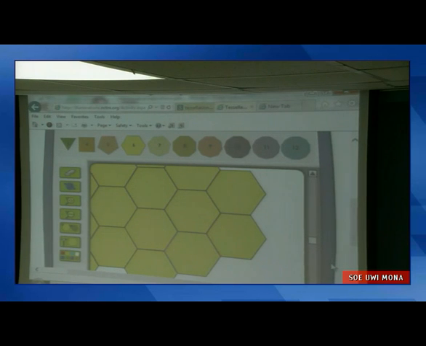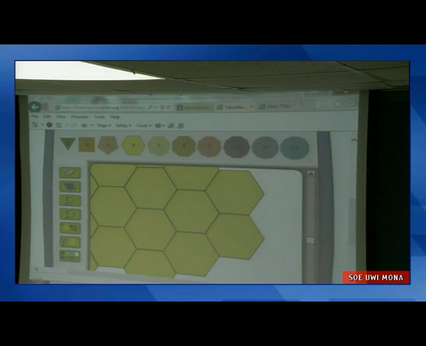So when you look at the measure of each interior angle, in this case 120, in the case of the square 90 degrees, in the case of the equilateral triangle 60 degrees, 360 is divisible by all of these.